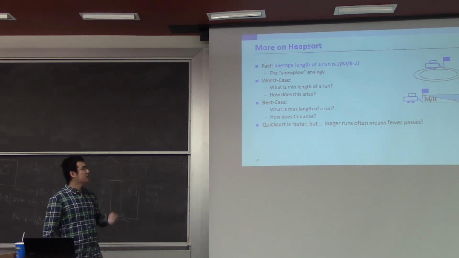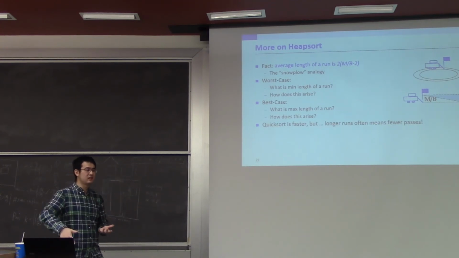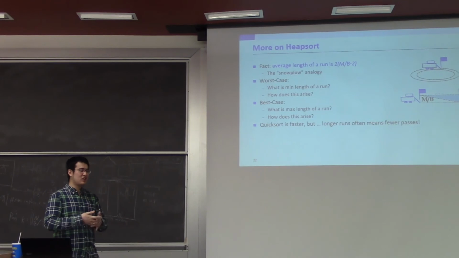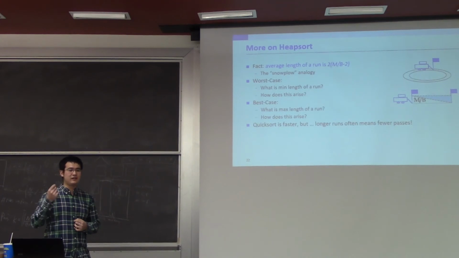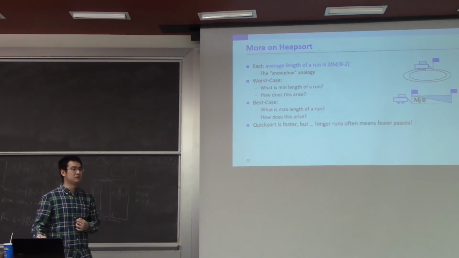But what's the worst case? The worst case is that your data is fully in reverse order. Each time you get a new element, it's going to be inserted into H2. So you can only get a run of length M over B minus 2, the size of your heap space, right?